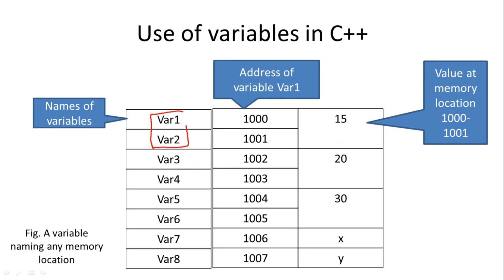Actually variable 1 is naming the location 1000, variable 2 is naming the location 1001, but at these two locations a single value is stored, that is 15.